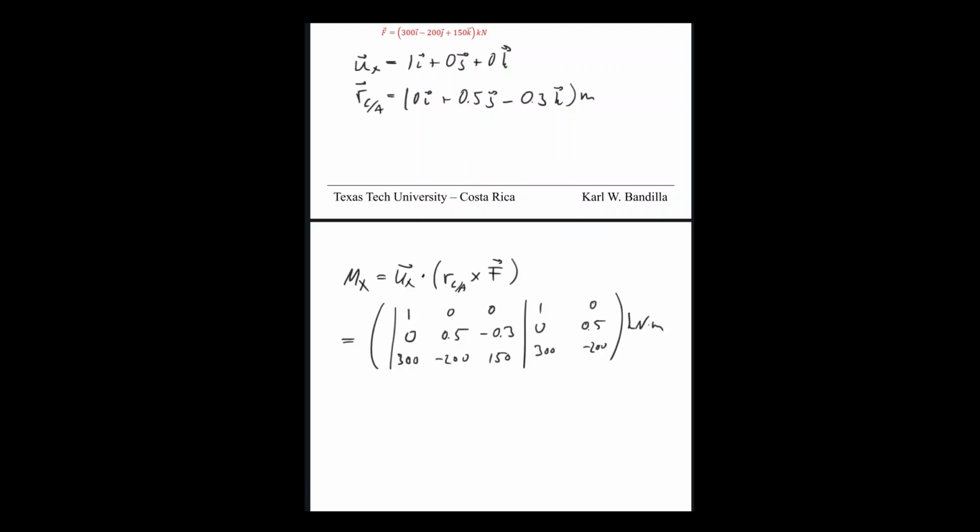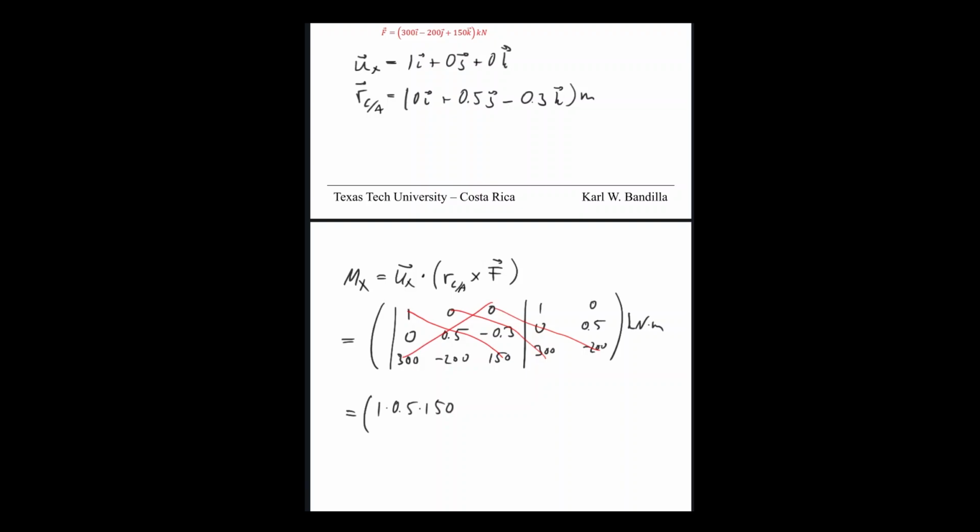All right, let's see what we get. The first one would be 1 times 0.5 times 150. Let's write it out: 1 times 0 times 0.5 times 150. The next one is 0, this one is 0, this one is 0.